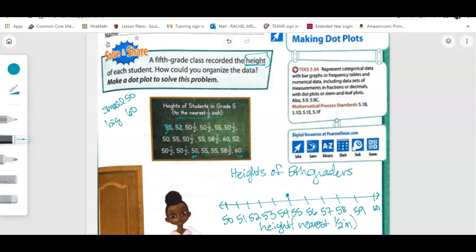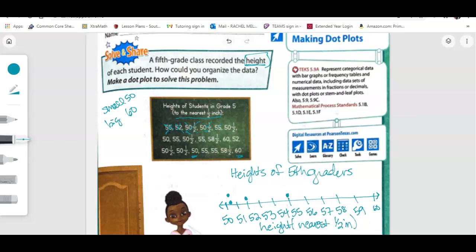Okay, so 52. Now this is a half, so look, there's two 50 and a halves. So 50 and a half has to be halfway between here, right? So that means that there's 1, 2, 50 and a halves.